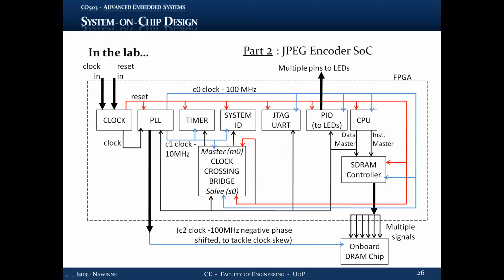So in order to counter that, we come up with a clock with the same frequency, but negative phase shifted to the left, right? We provide the negative phase shifted clock to the off-chip memory, while we provide the regular clock with the same frequency to the CPU.